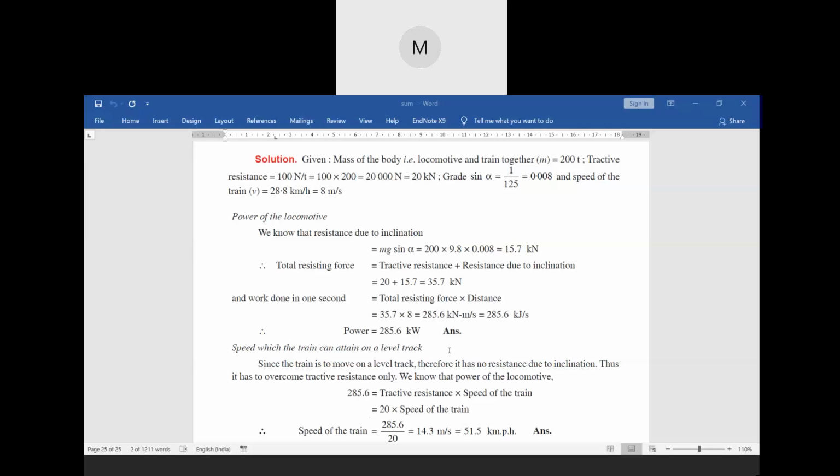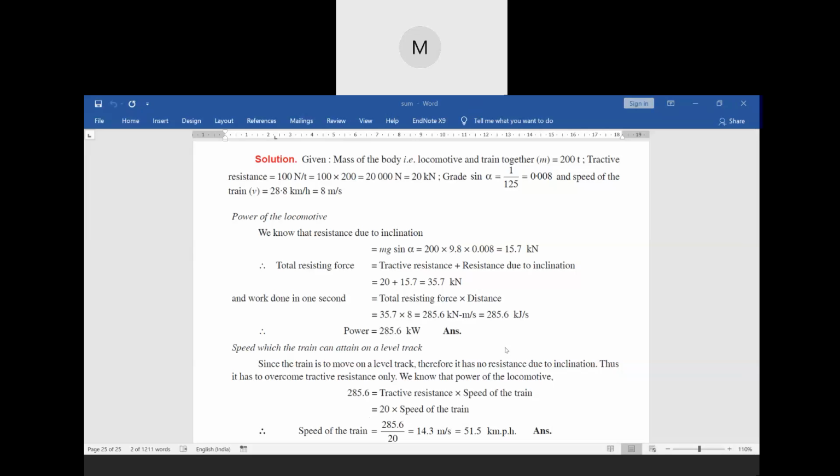So now that day someone asked me regarding this kilonewton Newton thing. Who asked me? Can you repeat the question now? You had some confusions regarding this kilonewton thing, no? Someone? Can you please repeat the question now? I don't remember the name. Hello? Can you please repeat the question?